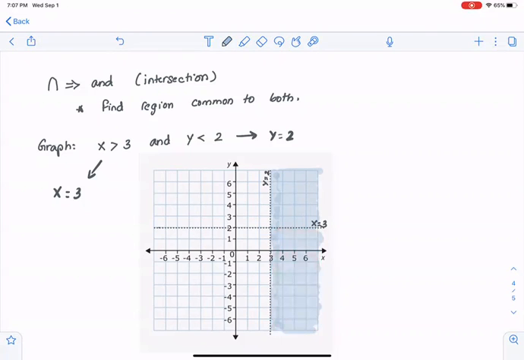And that in our case would be this part. So this is x greater than 3 and y less than 2.